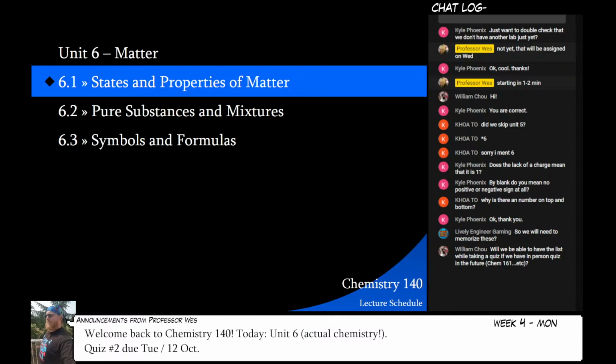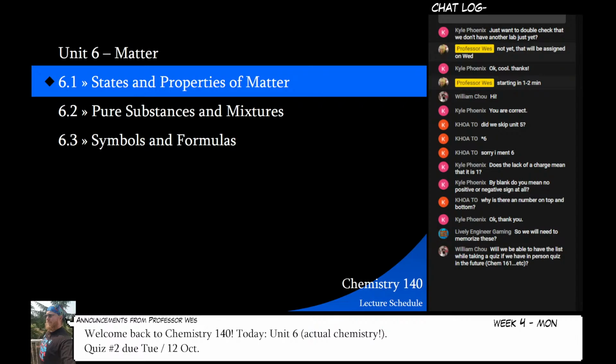Our objective in this section, which we're going to do today, is to understand various states of matter that you'll encounter. In fact, there was a meme posted in the Discord chat about this already. And then we're going to try and categorize it the best that we can, because there's a lot of matter around us, and we're going to need to organize it in some sort of way that helps us identify its properties.